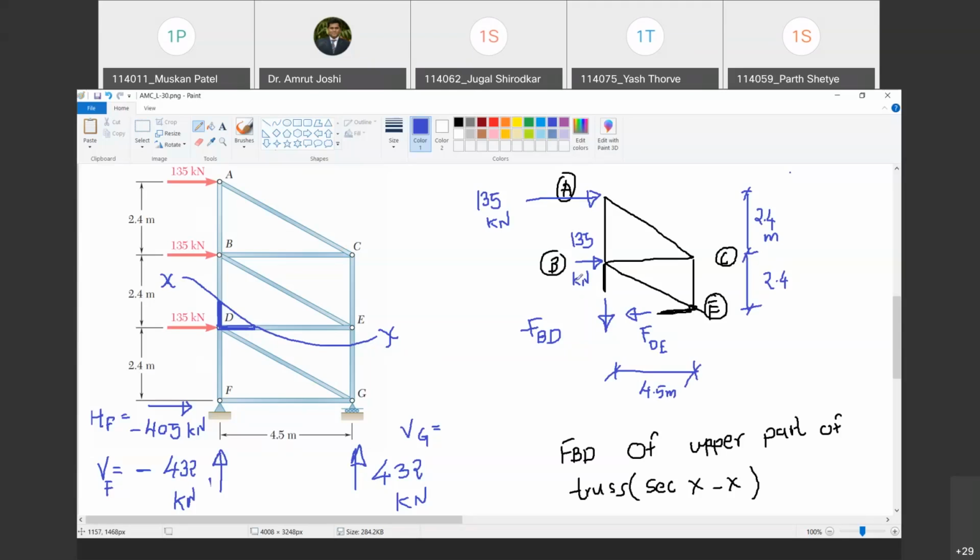We should now apply equations of equilibrium to this part. Look, if the entire truss is in equilibrium, its part also must be in equilibrium. Do you agree with me? Yes, sir.